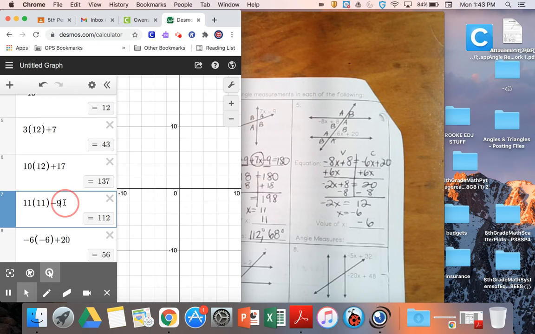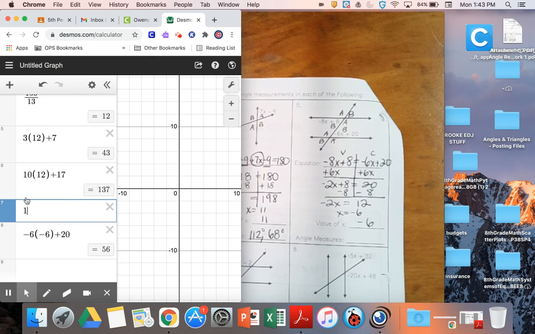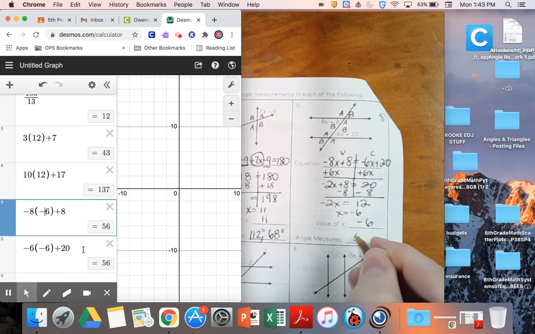And it should give me 56 if I do this top one too, just to show you. Negative 8 times my x, which is now negative 6, plus 8. And it would be helpful if I put a negative in there. There you go. So we both get 56 degrees for both of those.